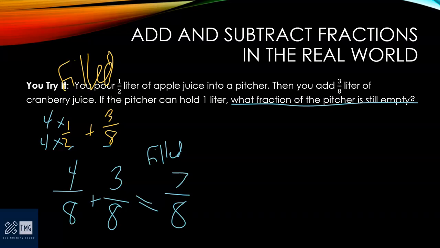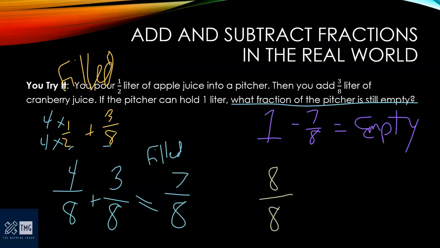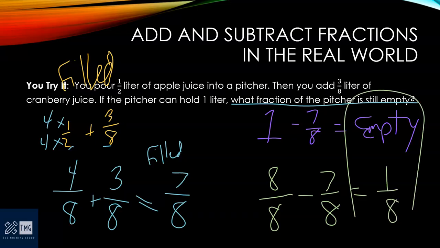If I have the whole pitcher and it's 7/8 of the way full, subtracting from the whole pitcher will tell me the fraction that is still empty. If I want common denominators, 1 with a denominator of 8 is just 8 over 8. Anything over itself is 1. So when I take 8 over 8 minus 7 over 8, I get 1/8. So the fraction of the pitcher that is still empty is 1/8.